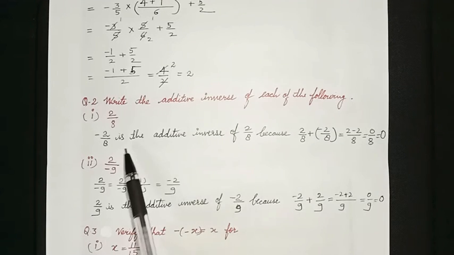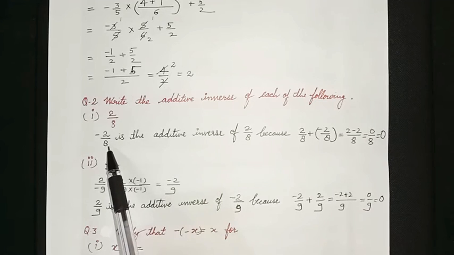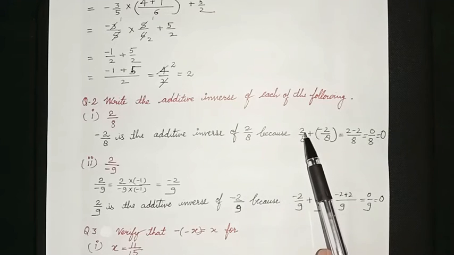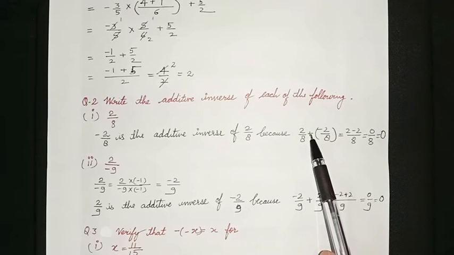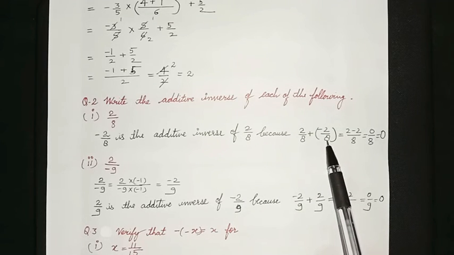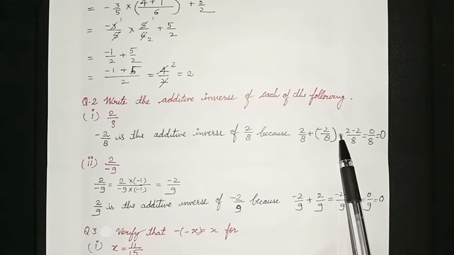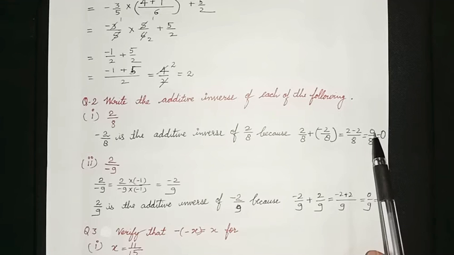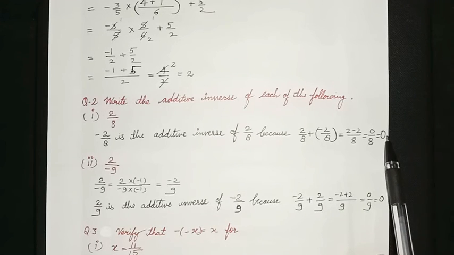Now I am showing how minus 2 by 8 is the additive inverse of 2 by 8. Now see, 2 upon 8 plus minus 2 upon 8. If we solve, 2 minus 2 is equal to 0 upon 8, which is equal to 0.